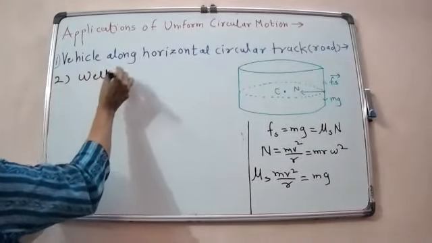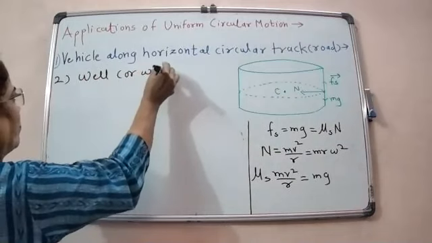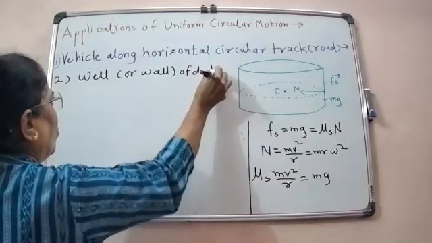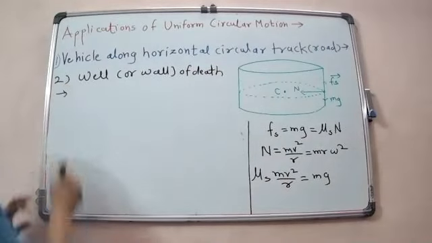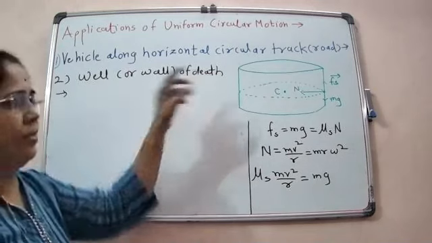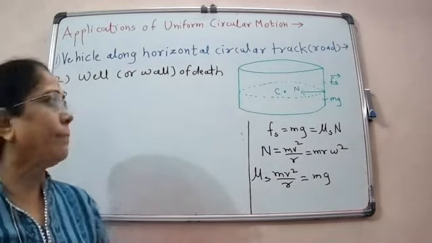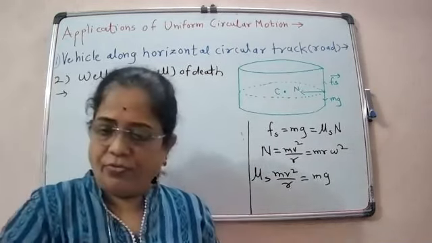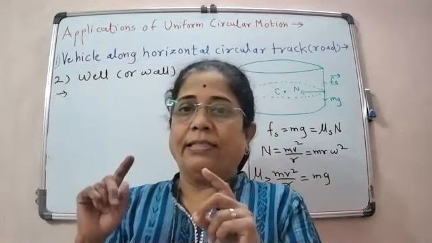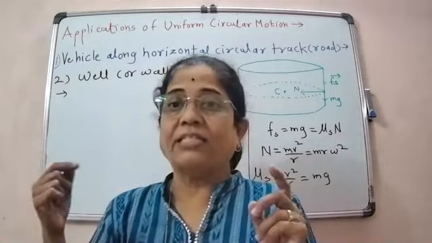The second application for uniform circular motion is the well or wall of death. So see, in a circus, there is a motorcyclist.